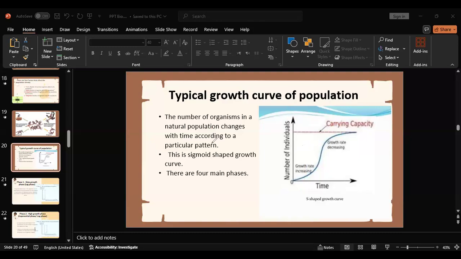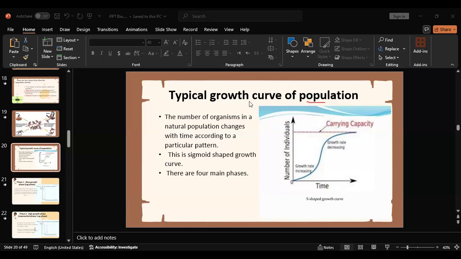On the x-axis is the time, the y-axis the number of individuals, right? As time passes, we are counting the number of individuals in a particular area, because we are talking about the population now. If you draw the population graph for humans or rabbits or cats, whatever, we are taking a particular population, right?